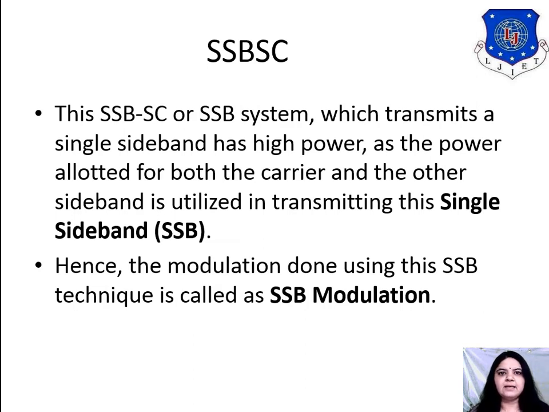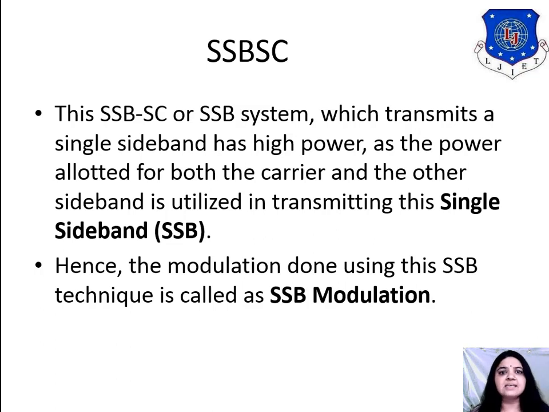SSBSC, single sideband suppressed carrier. Both the sidebands contain the same information. There is no information in the carrier. To save the bandwidth and to save the power, we can transmit either of the sidebands and suppress the carrier.